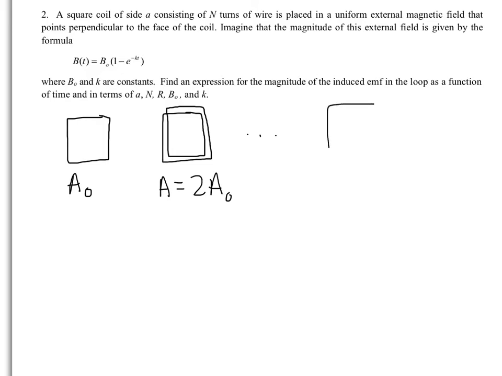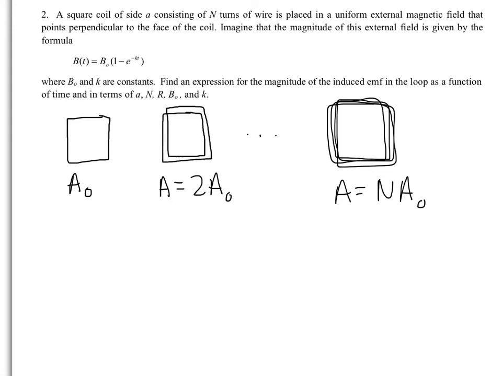And if you have multiple turns in here, the total area that comes into the flux calculation is really n times the area of any one loop. And that's because the magnetic field passes through all of those loops, and each one contributes its own flux to the net flux through the loop.